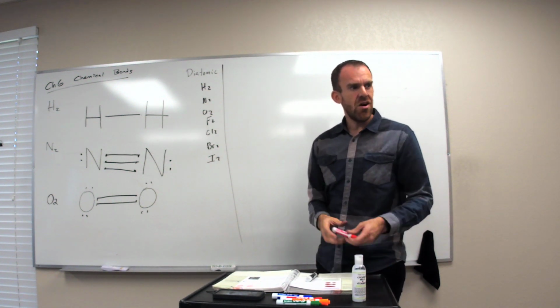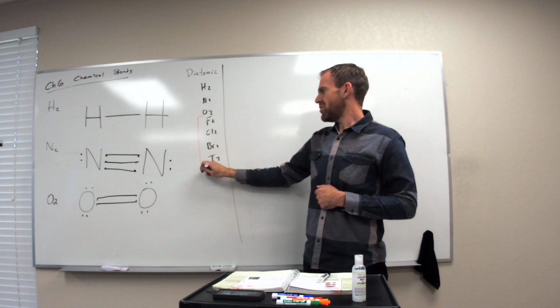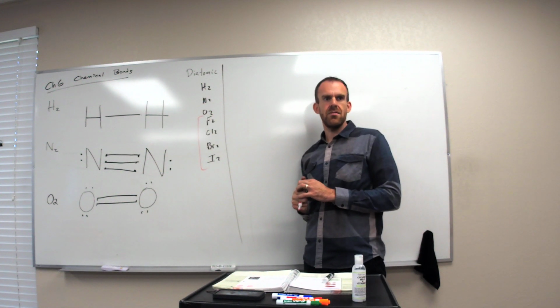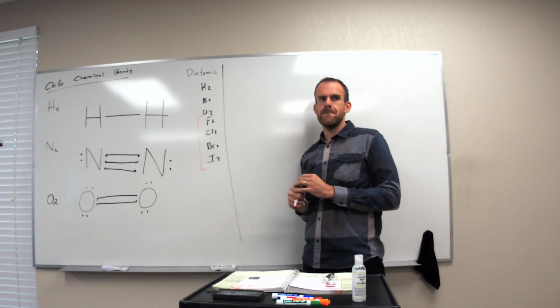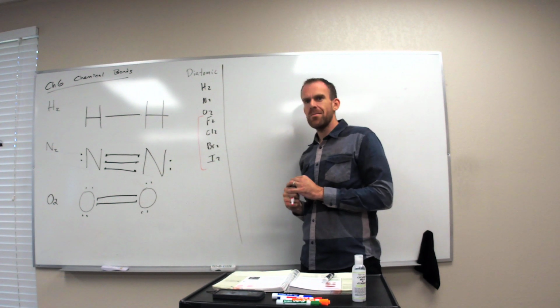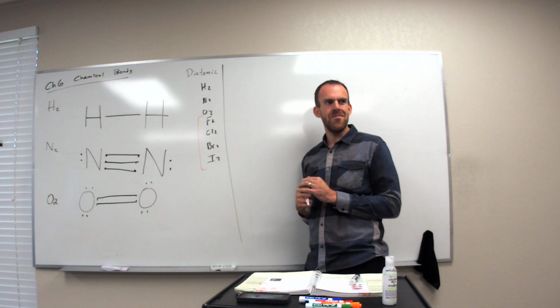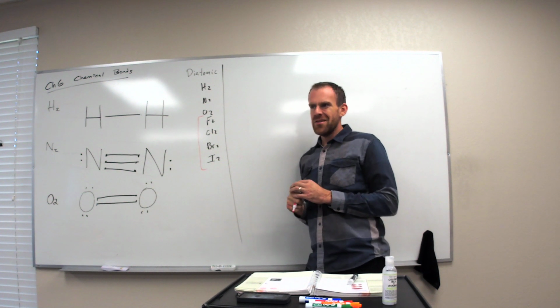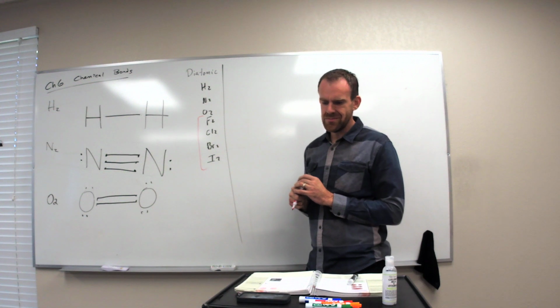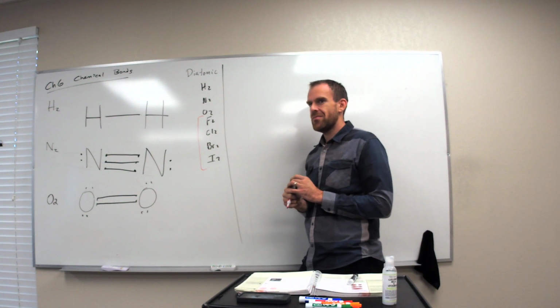These, you will notice, are all a member of what family? The first. No. What family are those? Diatomic. Good guess, though. The post. Nope, they're in the first group. I can't remember what it's called.